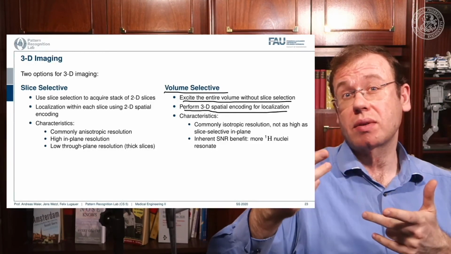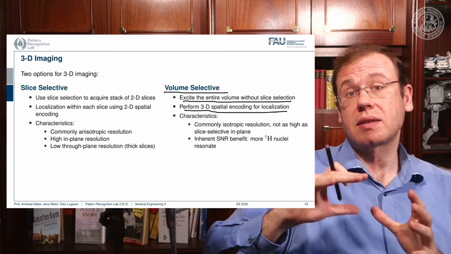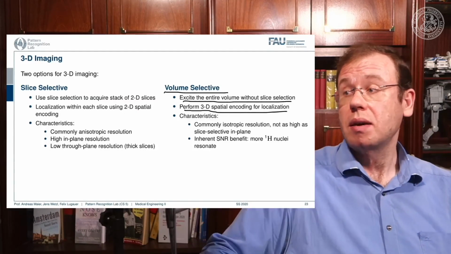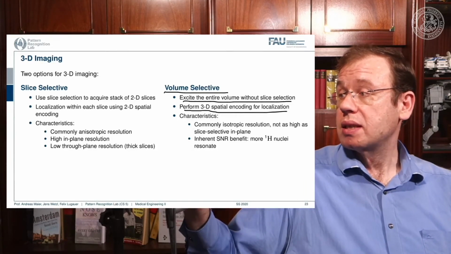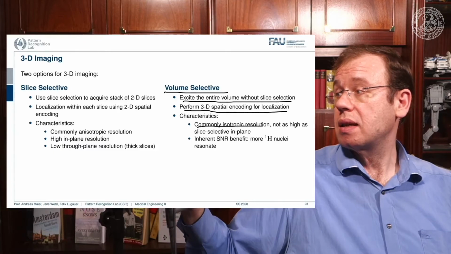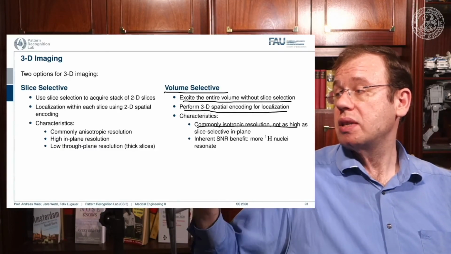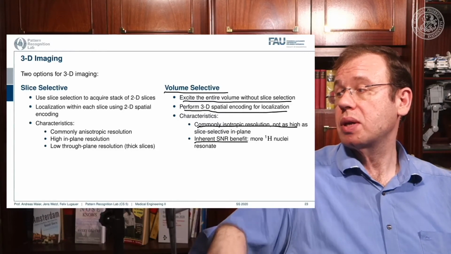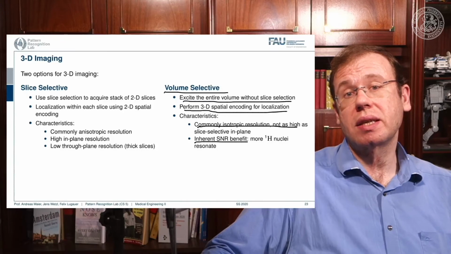But if you think acquisition-wise, if you have the n slices or directly the 3D k-space, maybe not so much different. Then one characteristic that you typically get is the isotropic image resolution, and you have an inherent SNR benefit because more nuclei are excited and resonate.